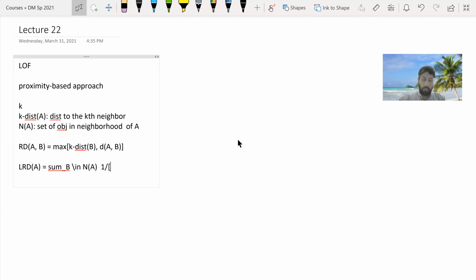And what is that density? That is basically the reachability distance RD(A, B), divided by the number of objects in the neighborhood of A, N_A.